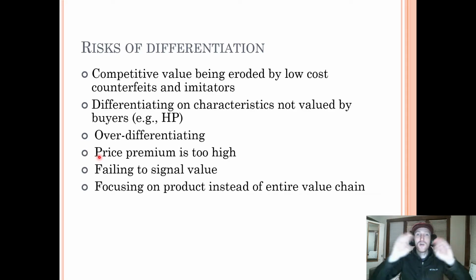Now, we can think of this spectrum of low cost to differentiation as a kind of continuous spectrum. All right. There is never a time when a firm solely focuses on either low cost or differentiation. You cannot be a differentiator and completely ignore price.